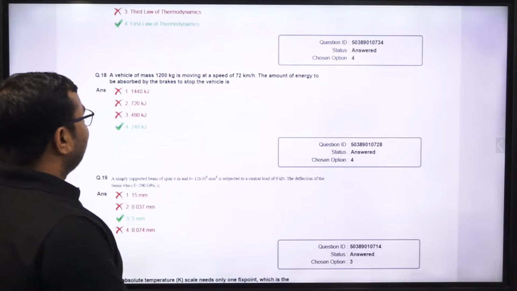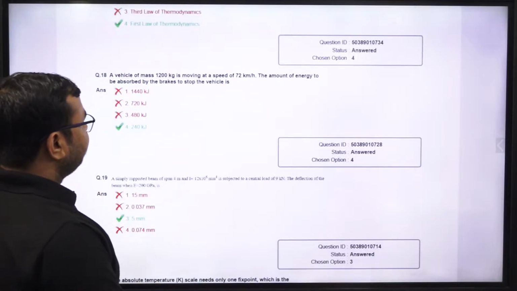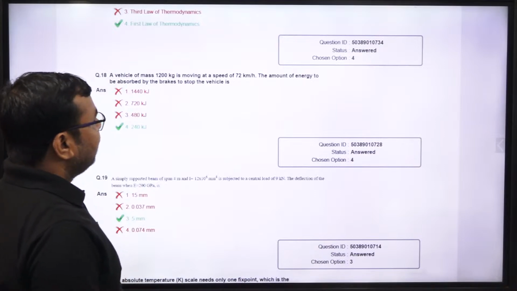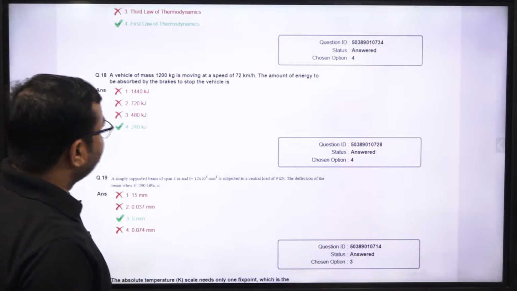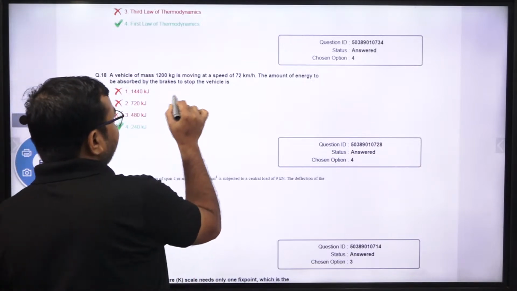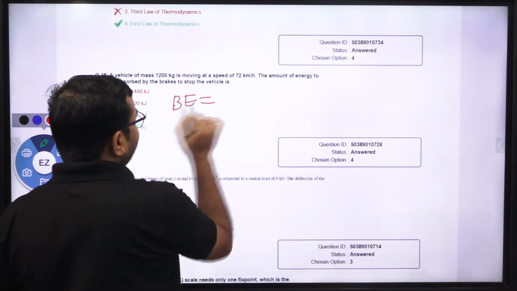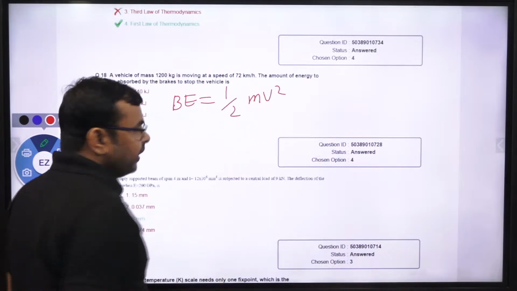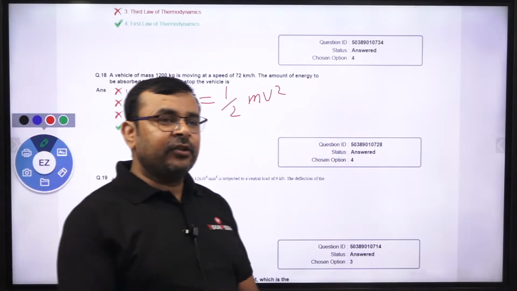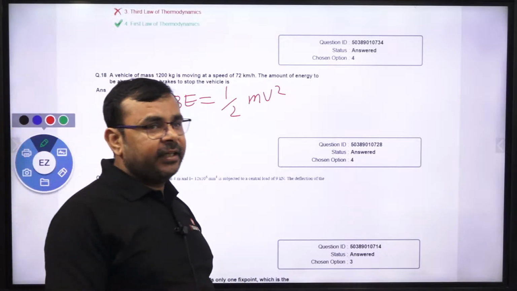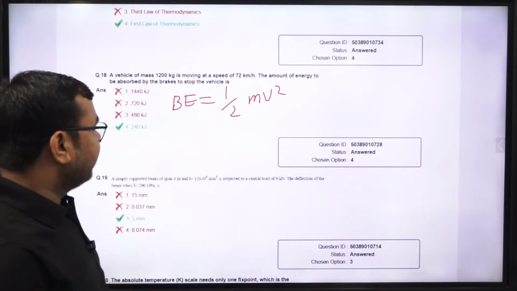A vehicle of mass 1200 kg is moving at a speed of 72 kilometers per hour. What is the amount of energy absorbed by the brakes to stop the vehicle? So simply the braking energy absorbed is nothing but half of mv square, that is kinetic energy. This is kinetic energy, since there is no potential energy. Otherwise we use the sum of potential energy and kinetic energy. Yes or no?